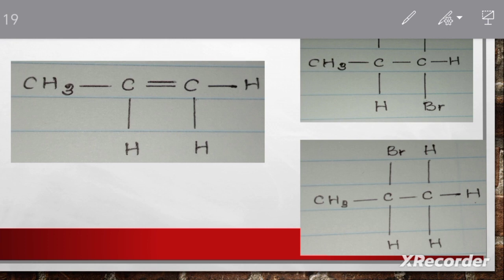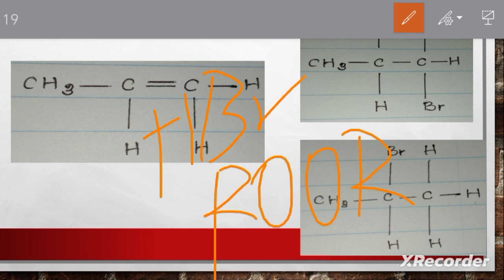But you have to add hydrogen to the carbon containing less number of hydrogen. So in such situations, what you have to do is adding HBr in peroxide medium.